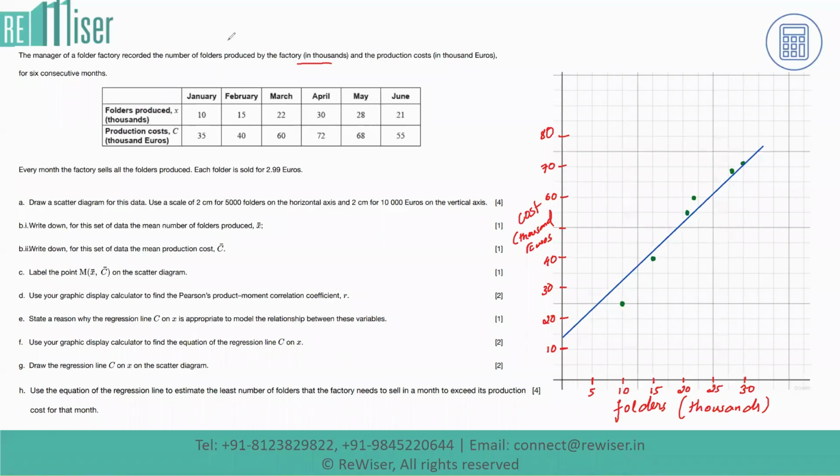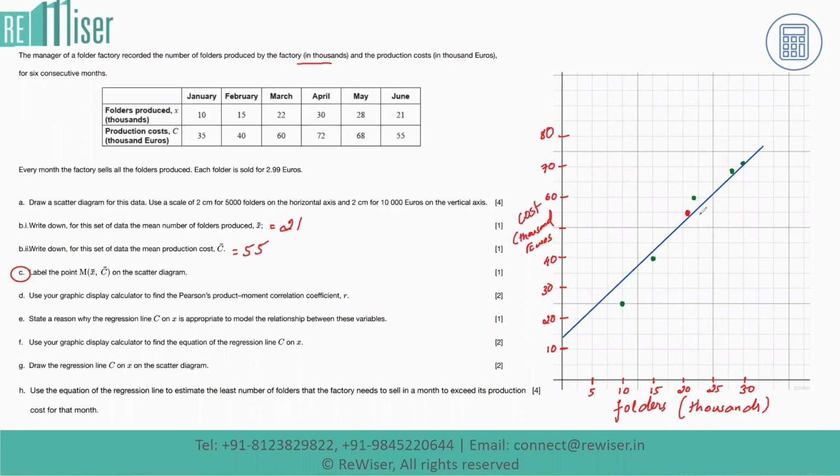Next for part C, we need to label the point (x̄, c̄) on the scatter diagram. We got the value of x̄ as 21 and c̄ as 55, so let us label this as (21, 55). It's exactly here. It is actually the last point, which is this one.